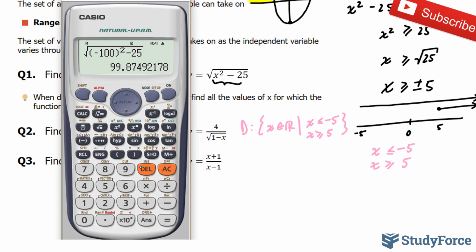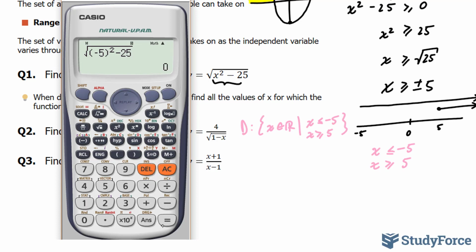That gives us a fairly large number, and in fact, the more negative the number is, the bigger y becomes. Let's also check what happens directly at negative 5. If we replace this with negative 5, we end up with 0. This tells me so far that my range is between 0 and positive infinity.